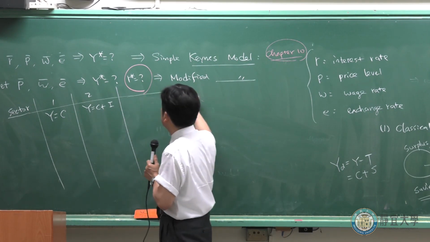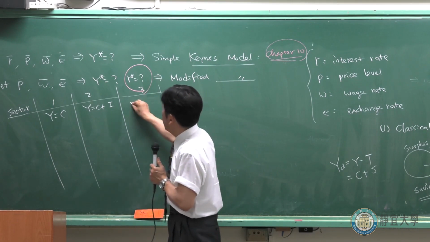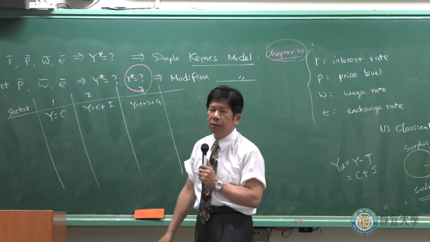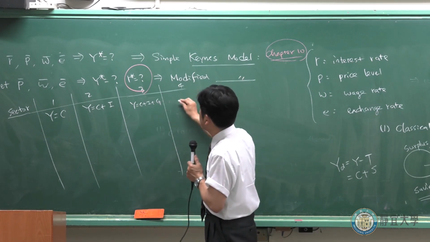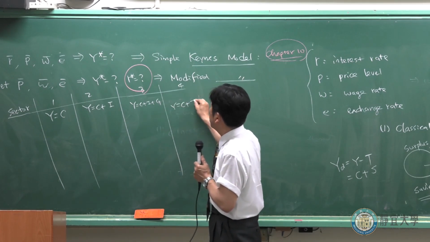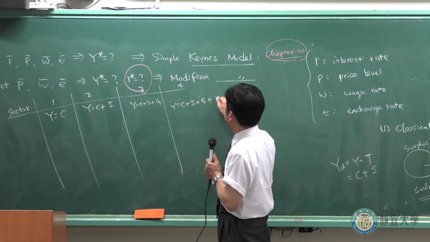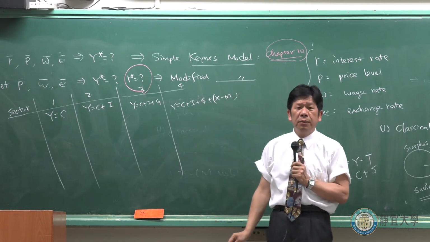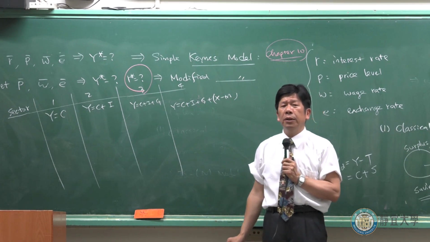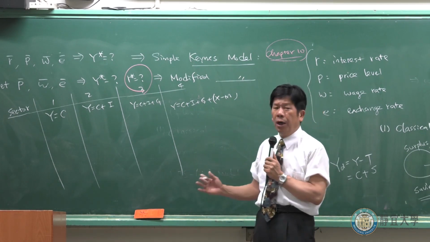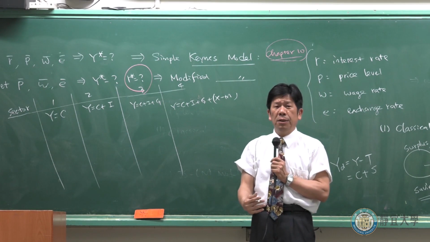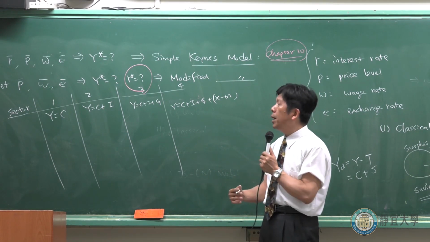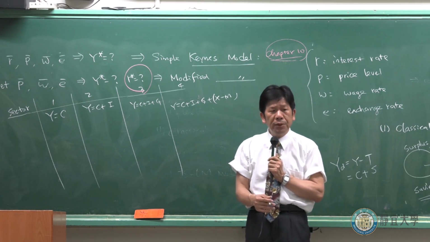And the third means Y equals C plus I plus Z. And the fourth sector is Y equals C plus I plus Z plus X minus M. We mentioned before that we make some assumptions in our society, and then our model becomes simpler.